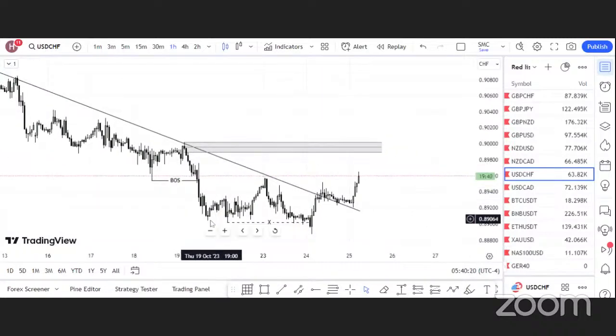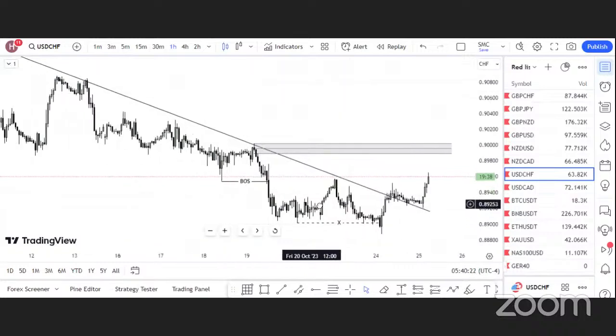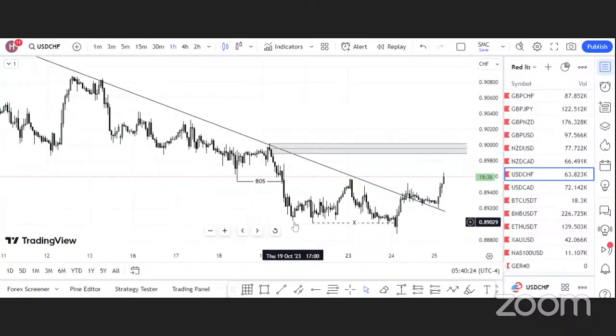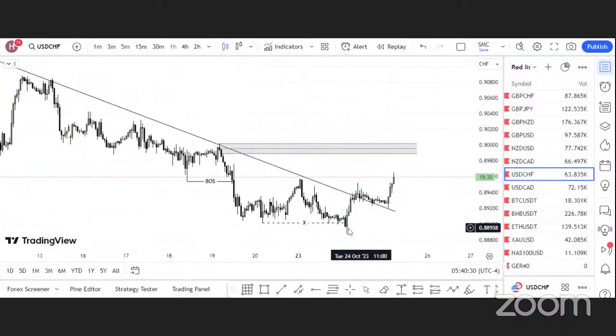retail traders would have set a buy limit around this area, hoping that the market would make a move to the upside from this area, using here as their stop loss. Because the market hasn't gone below this low before, they would feel this is where the market would reverse from.